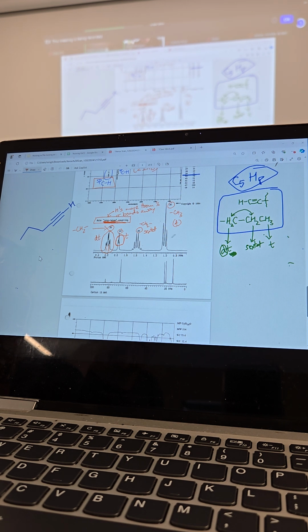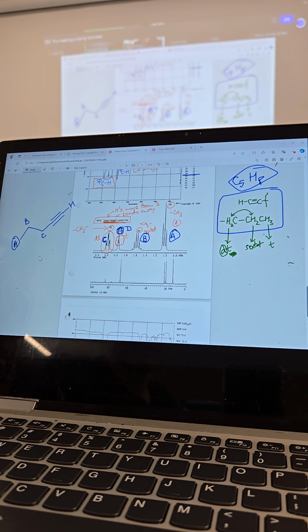So where is signal A? That's A. B? That's B. And this is C. So what is this 1 hydrogen for?